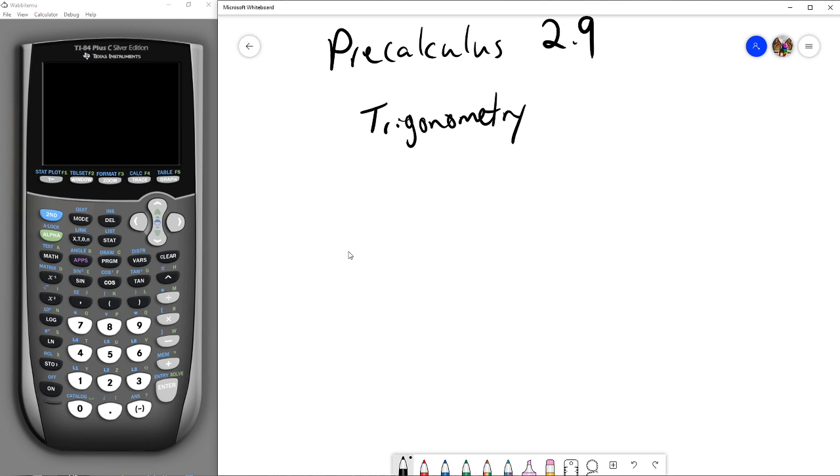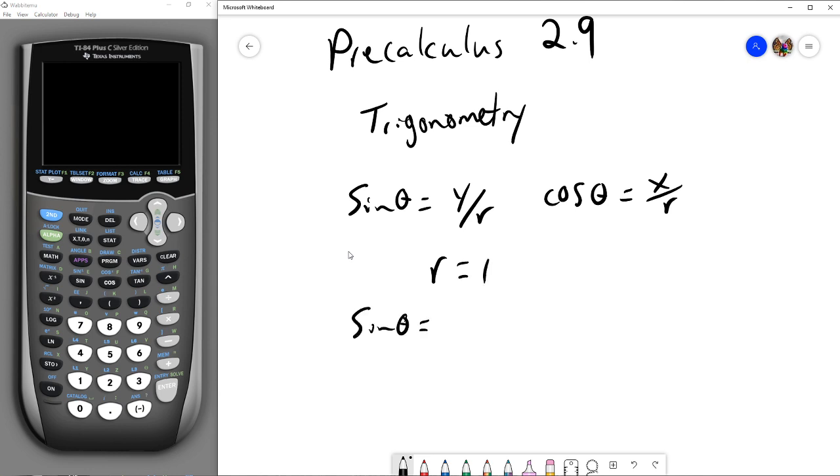So just to review, we know that sine theta was equal to y over r, and cosine theta was equal to x over r. But on a unit circle, r is equal to 1, which means that sine theta is equal to y, and cosine theta was equal to x.